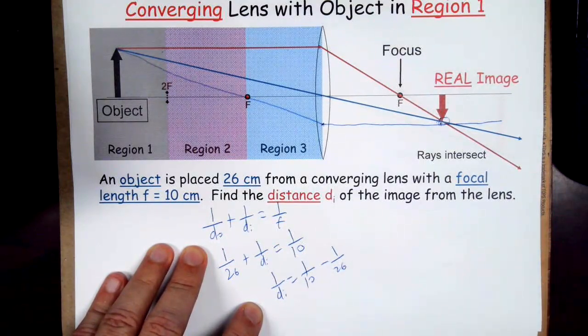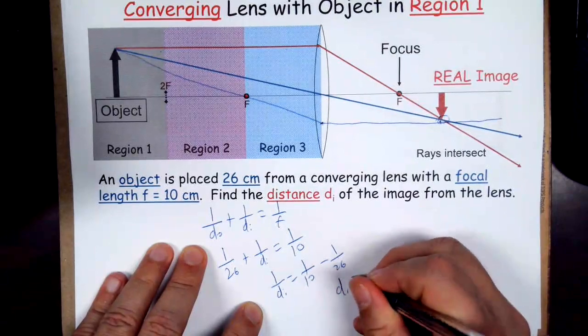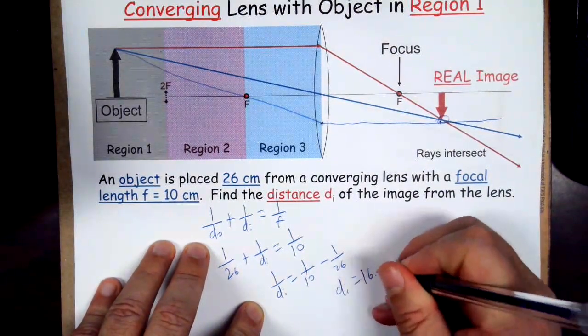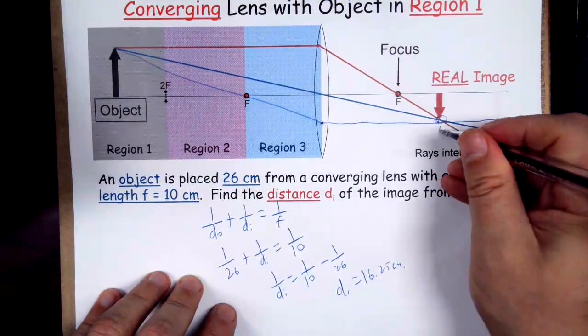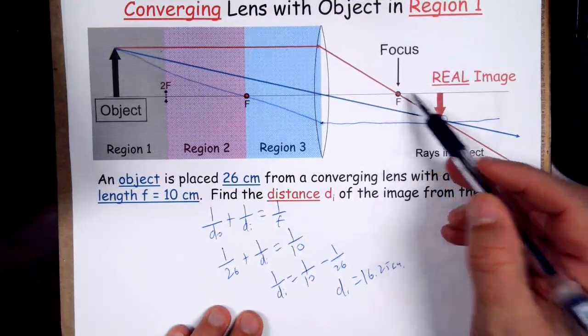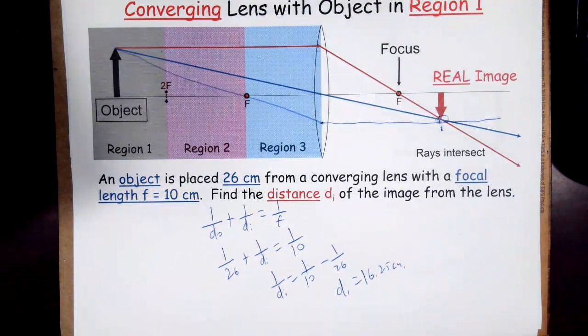So you would do this answer and then divide 1 by this answer. That gives you that the distance to the image is 16.25 centimeters. So the image forms at 16.25 centimeters, a little bit past the focal length, which is 10 centimeters. It's on the opposite side, which is positive for lenses, so this all seems to check out.